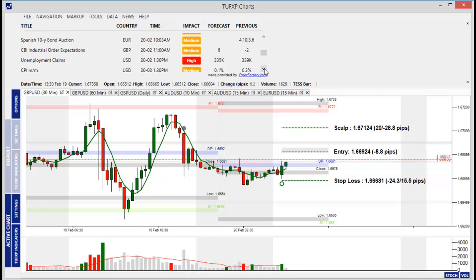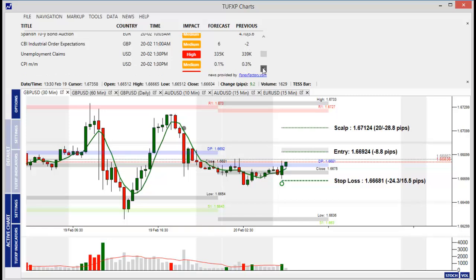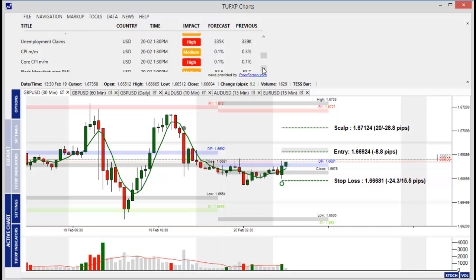Let's have a look. GBP CBI medium, which is out at 11 a.m. So there's nothing out this morning, actually. Unemployment claims, weekly one, that is, for the US, which is out at 1:30. And the core CPI, we've got CPI figures out this afternoon as well, and that's showing a decrease in the US as it does in the UK.